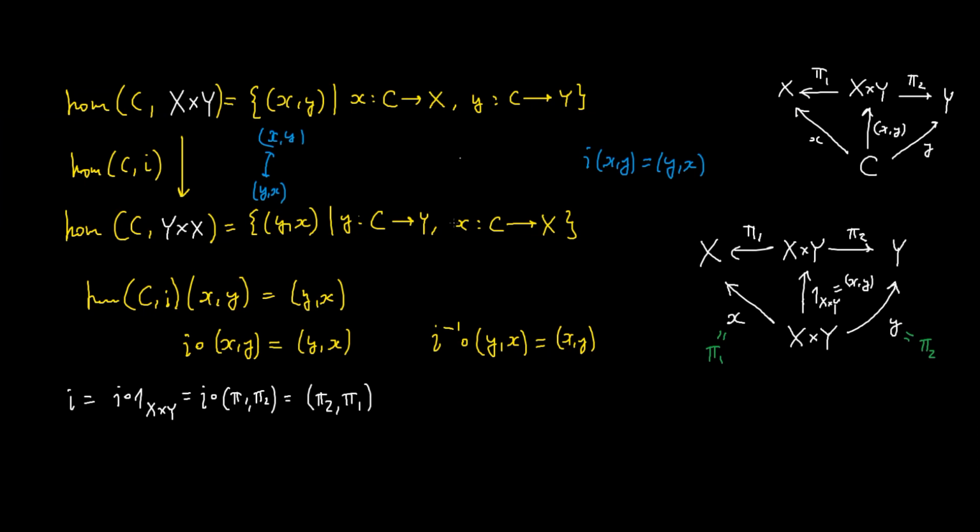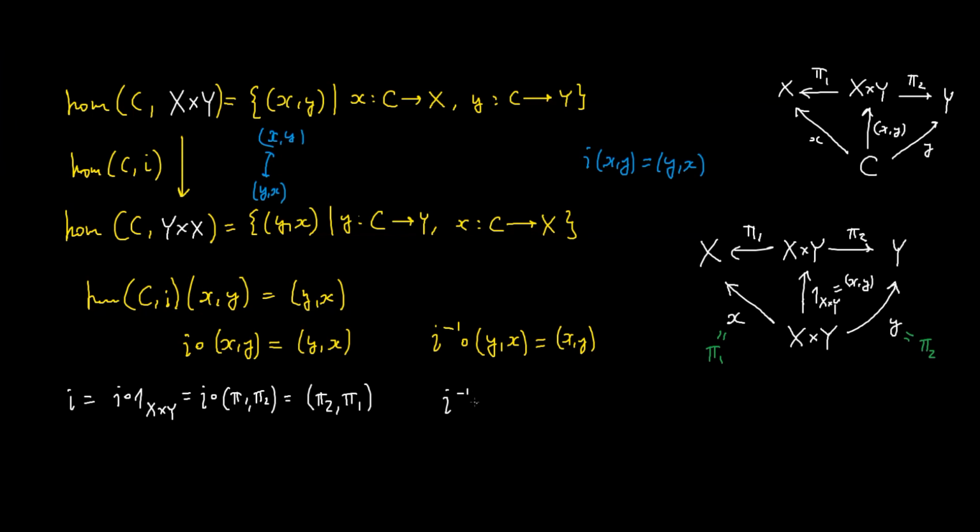In the same way, in an exactly symmetric way, I inverse will be equal to what? Now I want yx to be identity, right? So then it must be pi1, pi2. No, sorry. Let's do it more carefully.